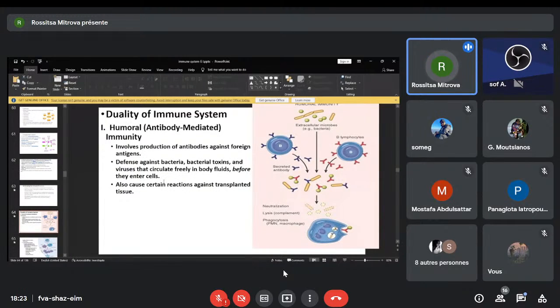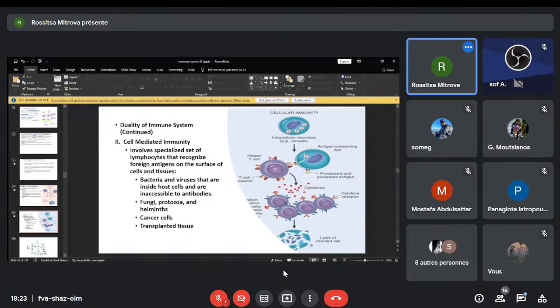They also cause certain reactions against transplanted cells. While cell-mediated immunity, or cellular immunity, involves a specialized set of lymphocytes that recognize foreign antigens on the surface of cells and tissues.